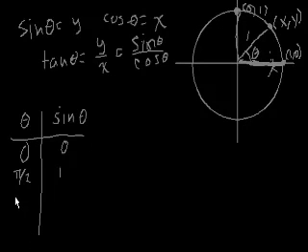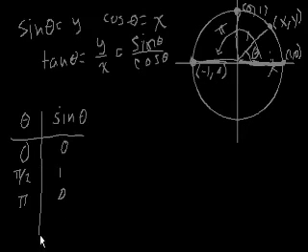What happens when theta is equal to pi radians? At pi radians, we intersect the unit circle right here, at -1, 0, because once again, this is the unit circle. At -1, 0, what's the y coordinate? Well, it's 0. So sine of pi is equal to 0.